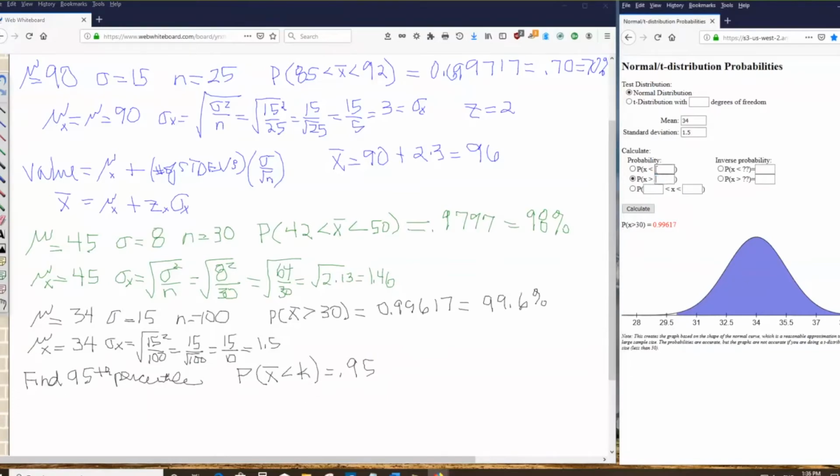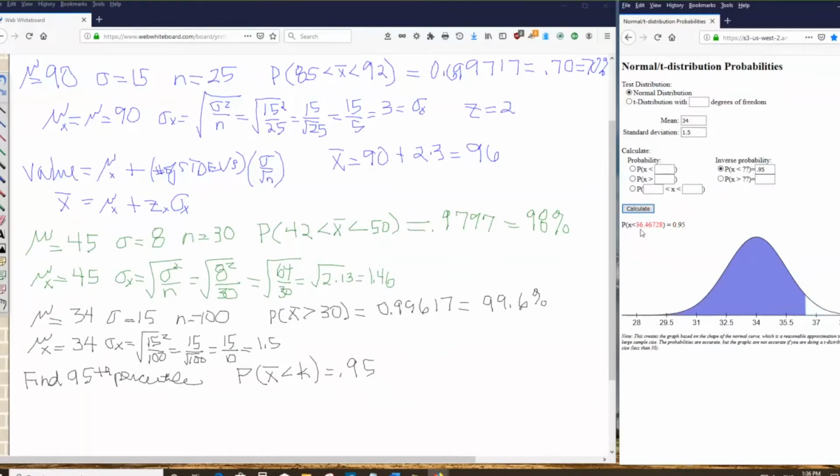So now we're going to have the same mean, the same standard deviation, but this time we're going to use the inverse probability on our online calculator. And where these question marks are, that's the same as where the K would be. And then we're going to just type in our 0.95 for the 95th percentile. Hit calculate.